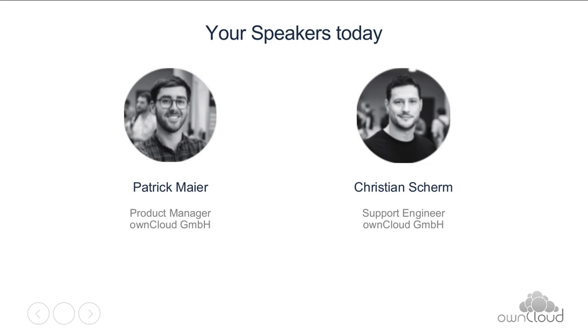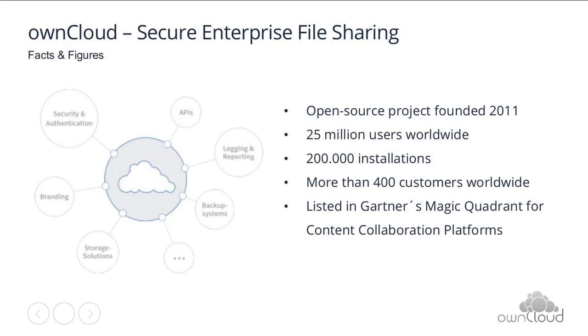Before we dive deeper into the main part of today's webinar, I would like to give you some background around the project and the company for those who don't know ownCloud that well yet. ownCloud is a content collaboration platform that consists of a server and clients for all popular platforms.